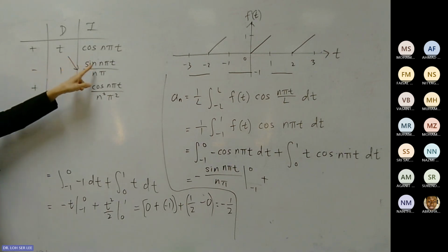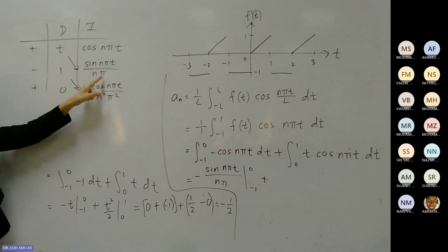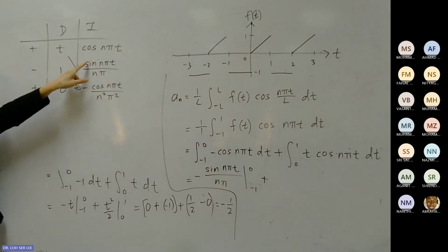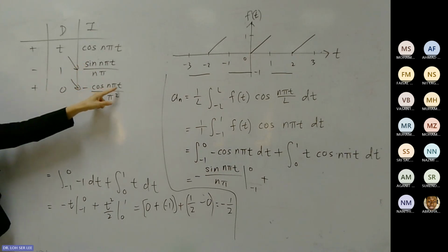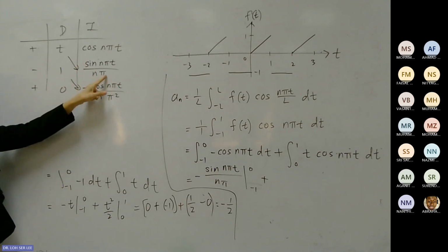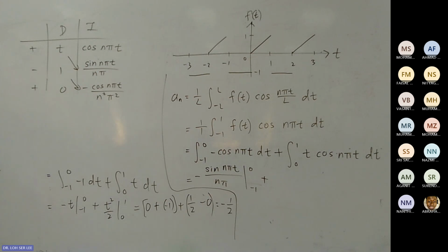Integrate cos, you get a positive sine n pi t over n pi. When you integrate once again, integrate sine, you get negative cos n pi t over one more n pi. Then you get n squared pi squared.